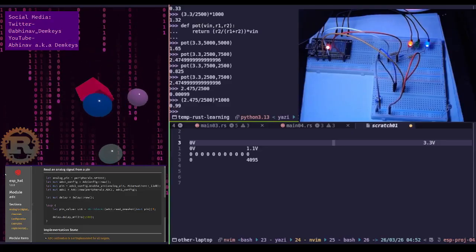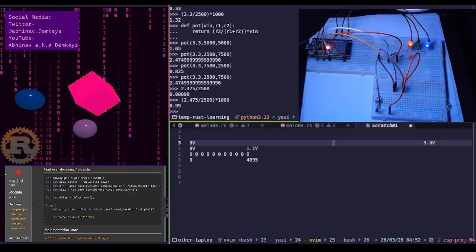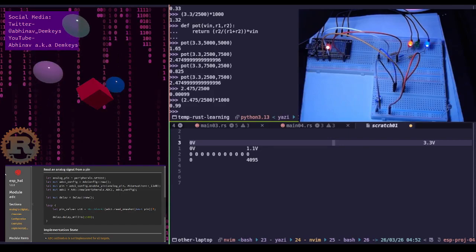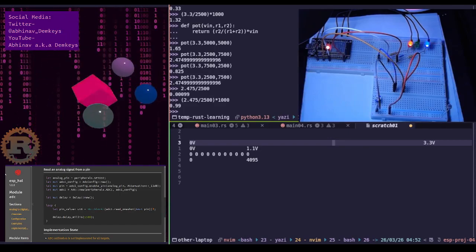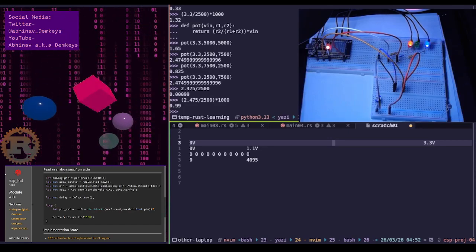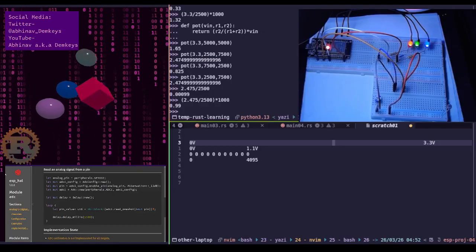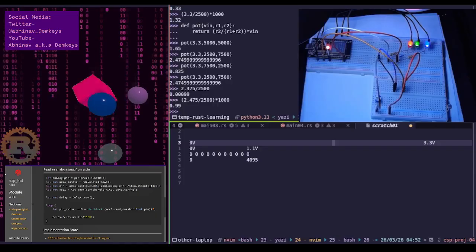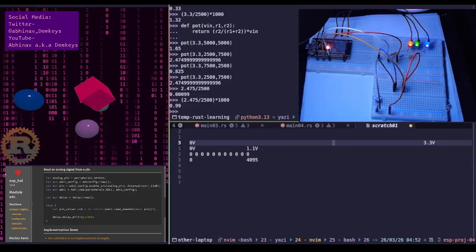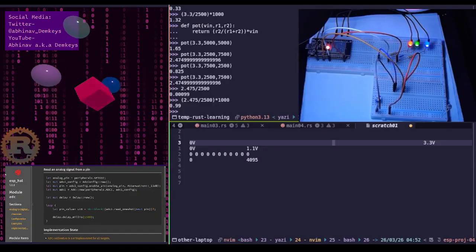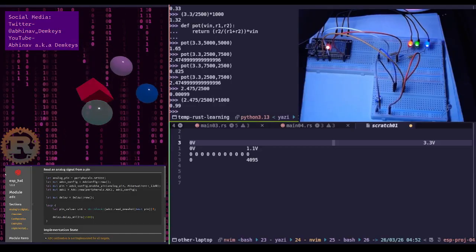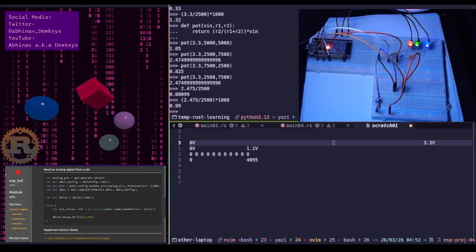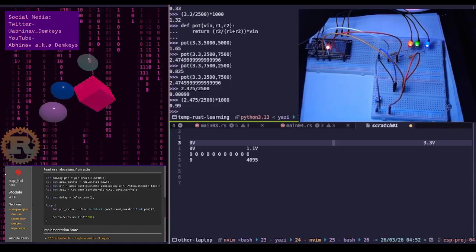Your calculation of 3.3 volts divided by 2,500 ohms would only be true if you were measuring the current from the 3.3 volts rail through just a 2,500 ohm chunk of the pot directly to ground.